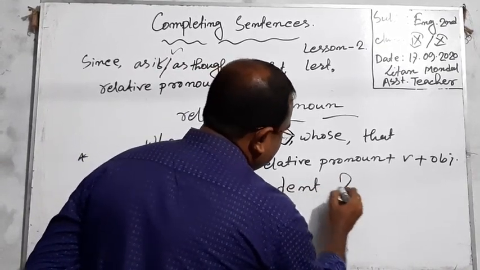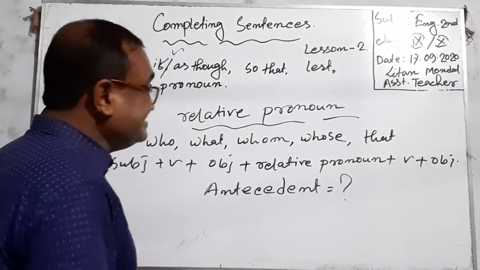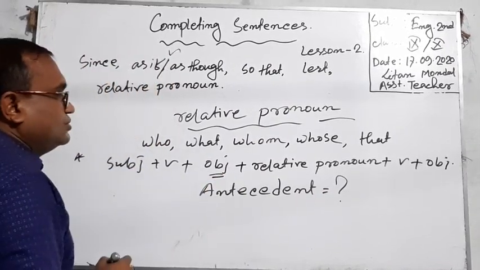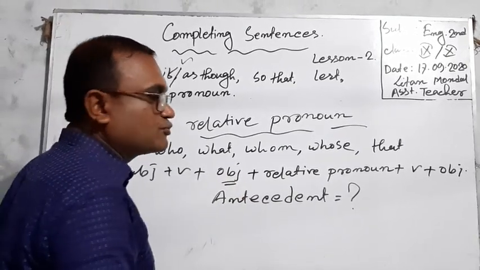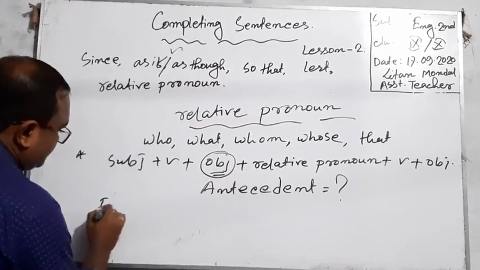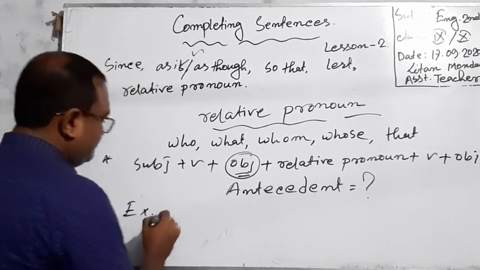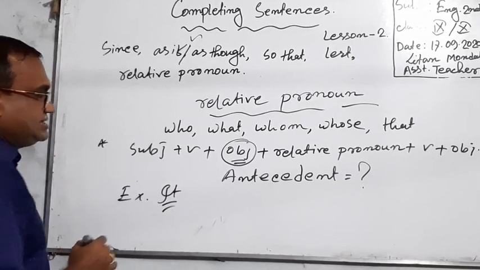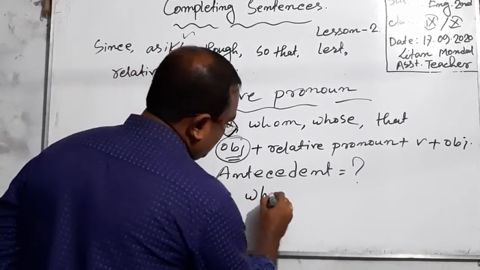What is antecedent, right? Antecedent means the word which is used before a relative pronoun. It may be a noun or pronoun. This is called antecedent. Look, here it will be cleared through an example. Like, first I have used an introductory subject it, then verb is, I. Who.